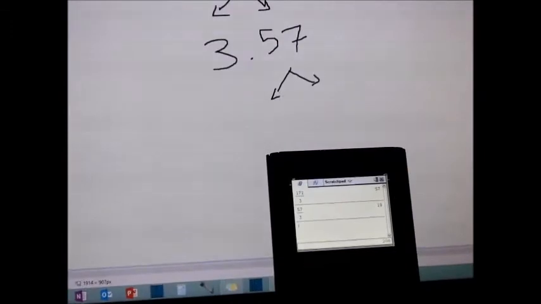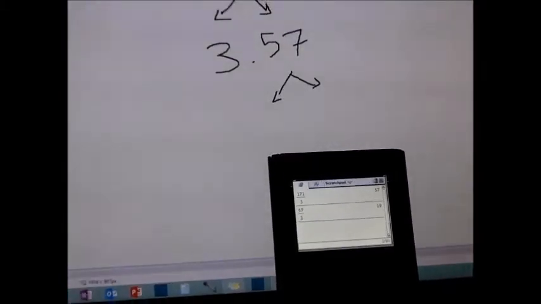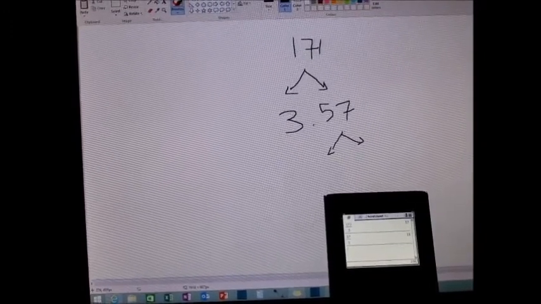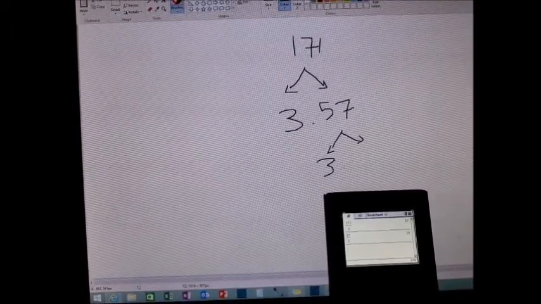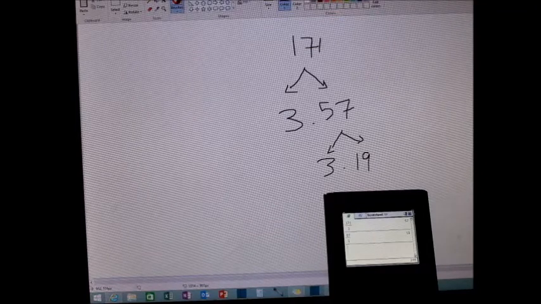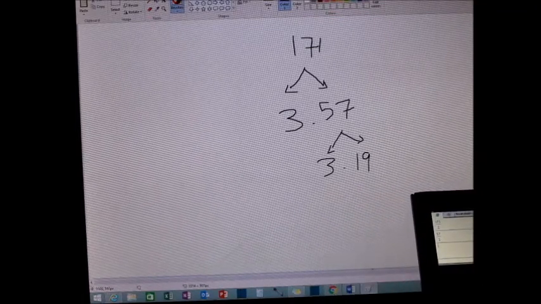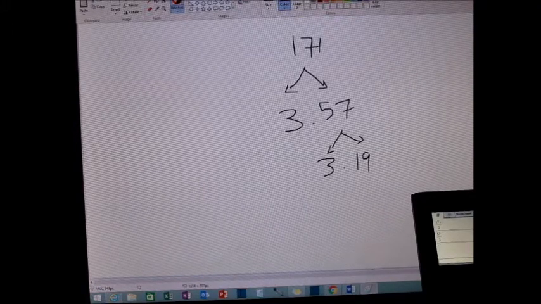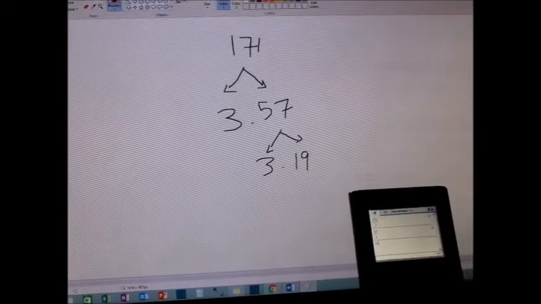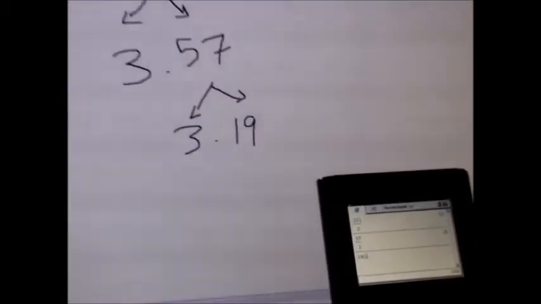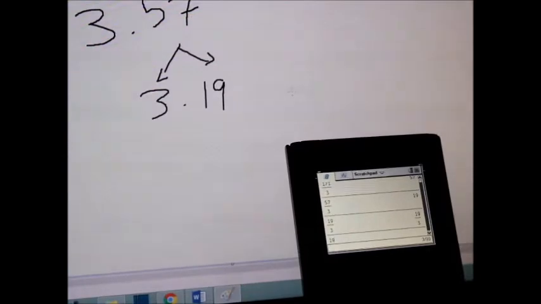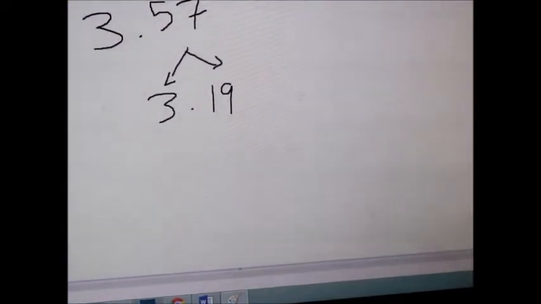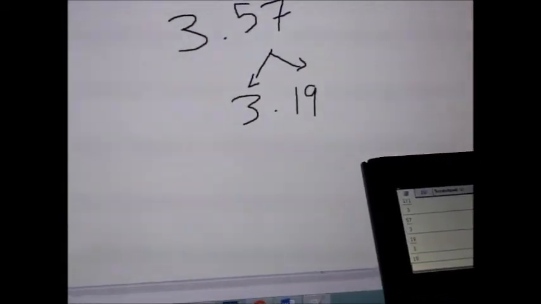So 3 times 19 equals 57. What two numbers can be multiplied together to equal 19? We can't divide 19 any further, because 19 is prime.